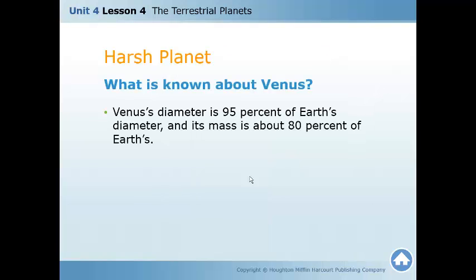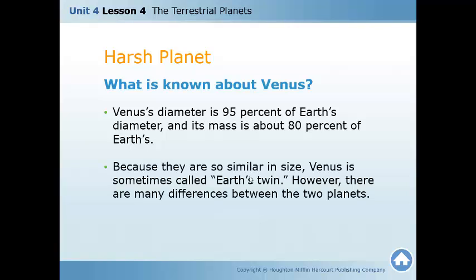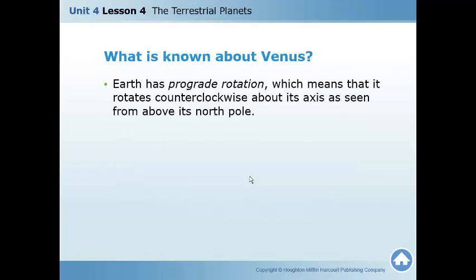Harsh planet. Let's talk about Venus. Venus's diameter is 95% of Earth's diameter, and its mass is about 80% of Earth's. Because they're so similar in size, Venus is sometimes called Earth's twin. However, there are lots of differences between the 2 planets.